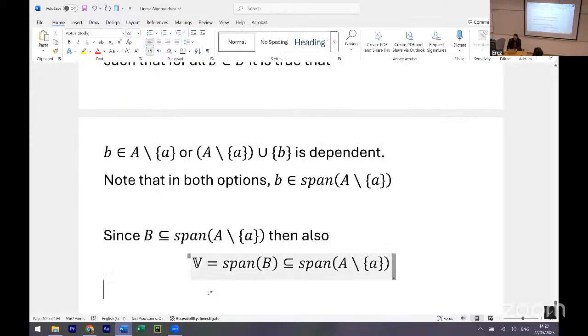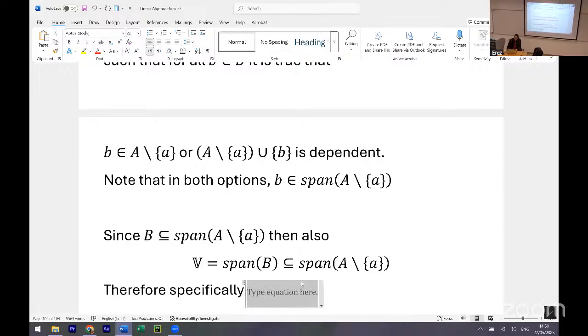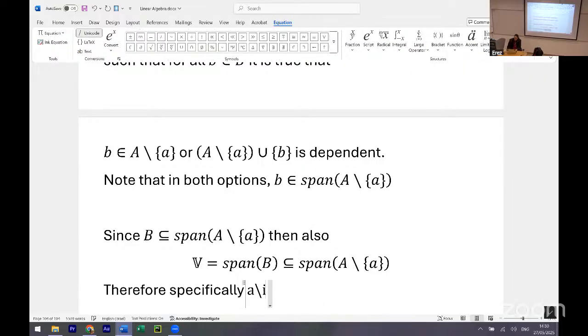And who specifically is within V? Which one vector is interesting? A. Therefore, specifically, A is within the span of A without A. What does that tell you?